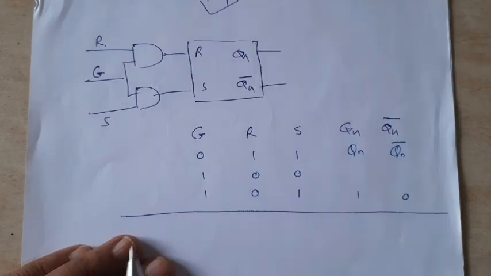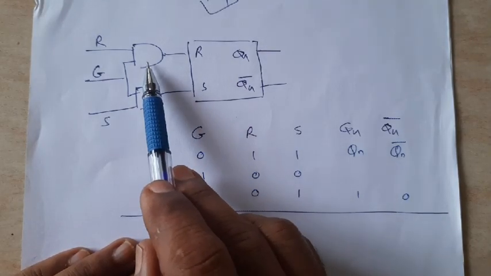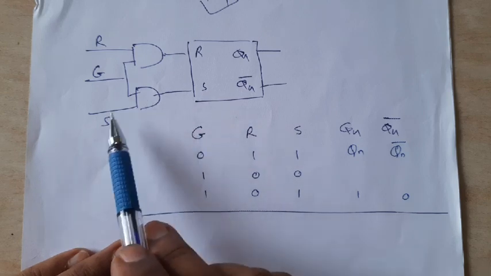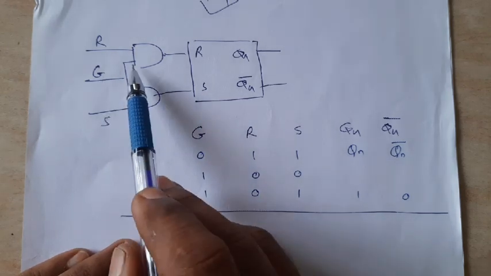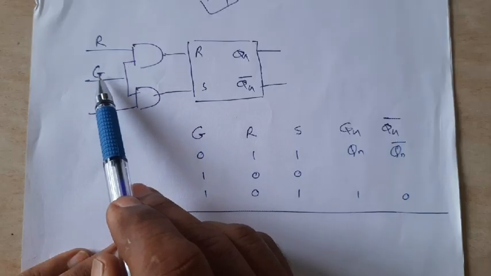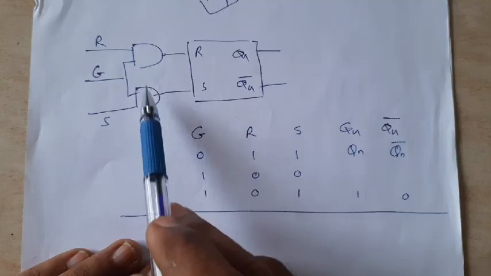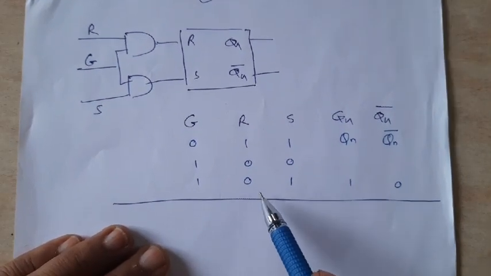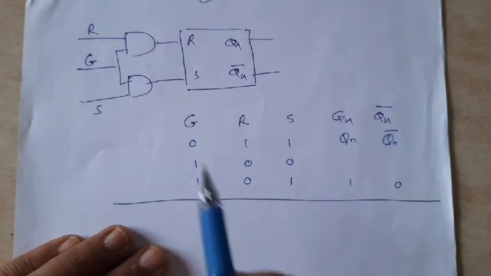The additional part is that now the R input is provided through an AND gate and the S input is also provided through an AND gate, and G, the gate, is the additional input which is common for both these AND gates, and it was expected to prepare a truth table.